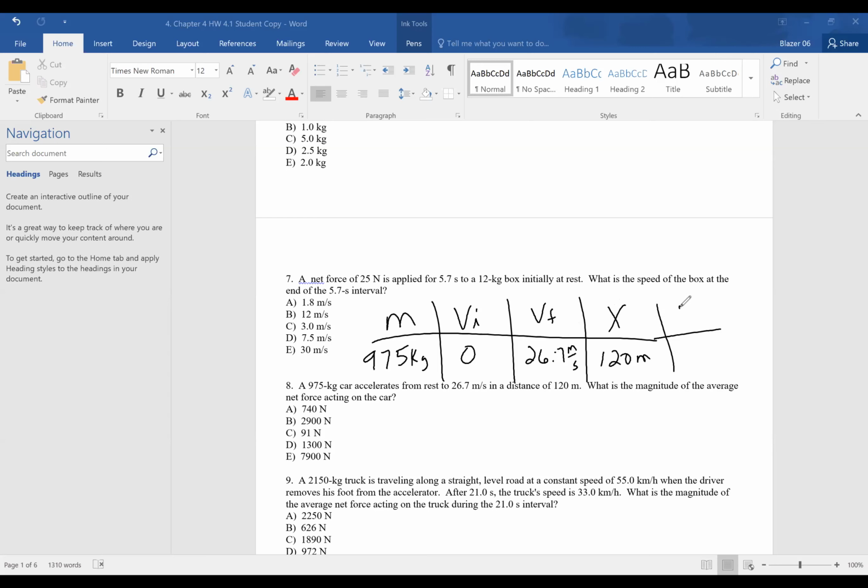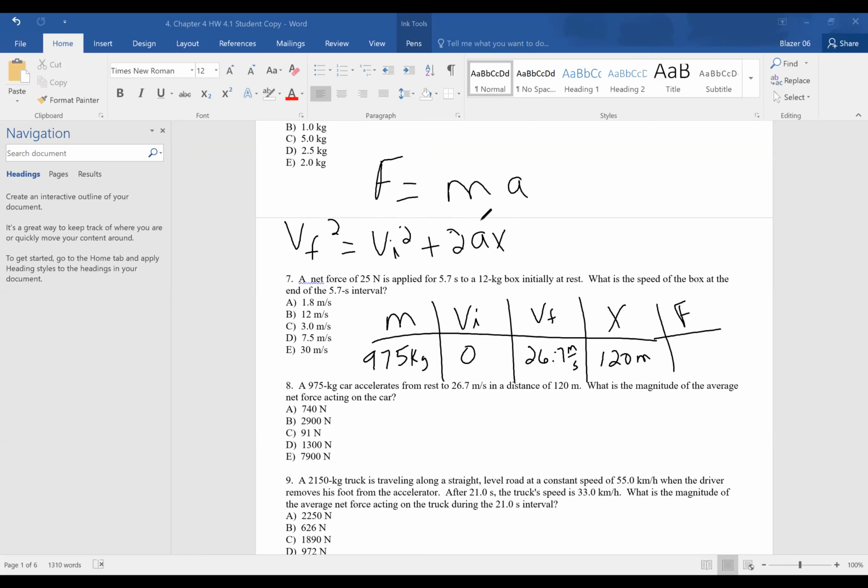Okay, so now it wants to know what is force. So of course I know that force is ma. So that means that all of this is given for me to find what A is. Mass is given. So I have an equation that says V final squared is V initial squared plus 2AX.